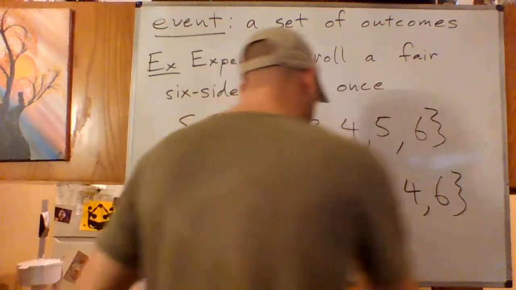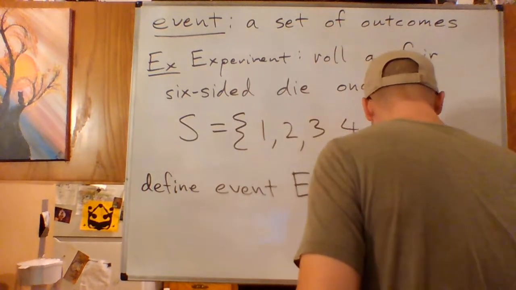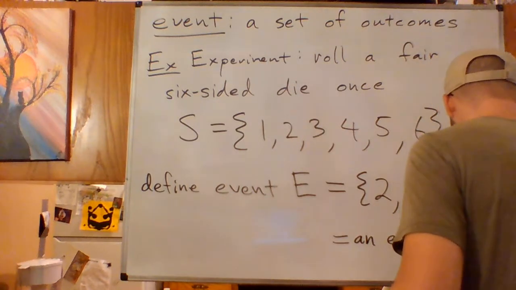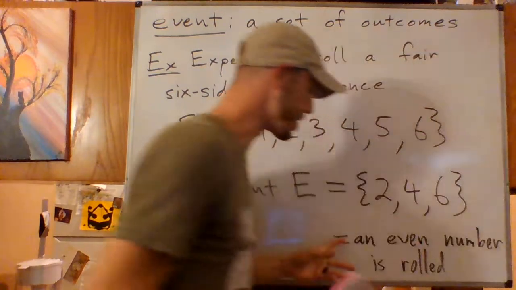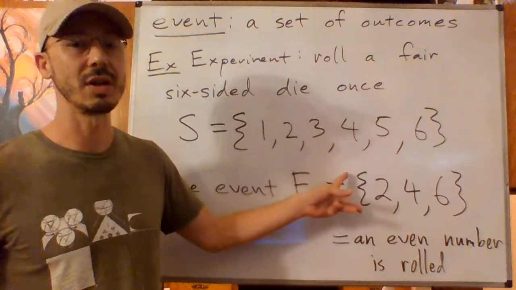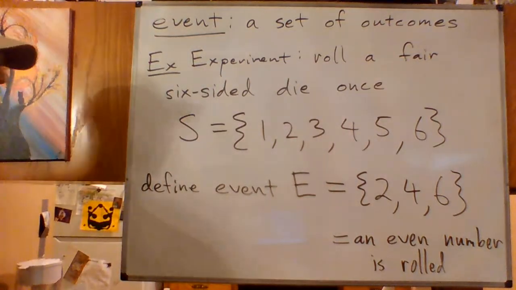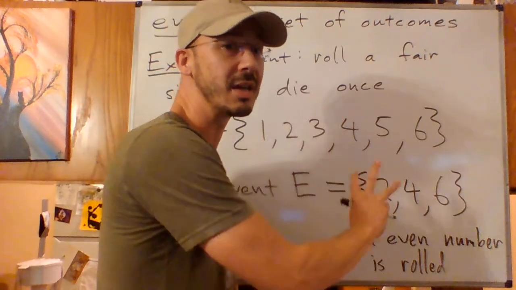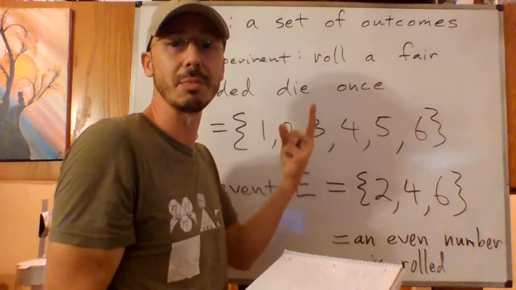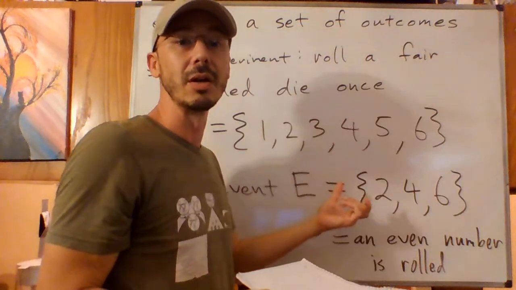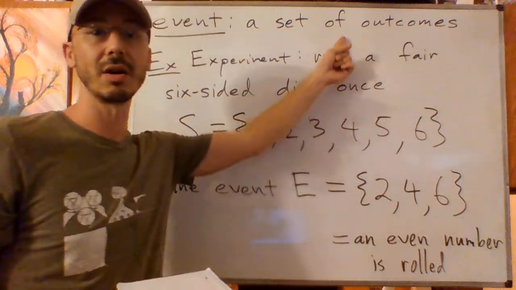And you could also define this as an even number is rolled. So you could give it as a verbal description, or in this case, you can give it as a list. It's small enough to actually write it down. So that's an example of an event. It's not an outcome. It consists of 3 outcomes. You could have an event that consists of a single outcome, in which case you could just call it an outcome. But an event like this is a combination of outcomes.